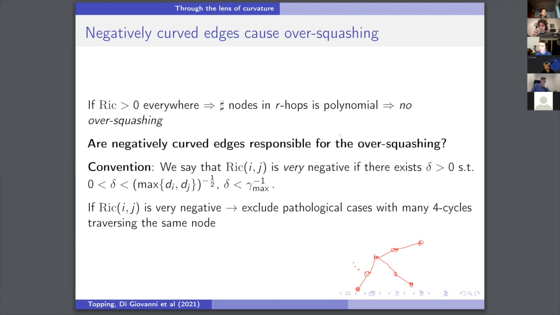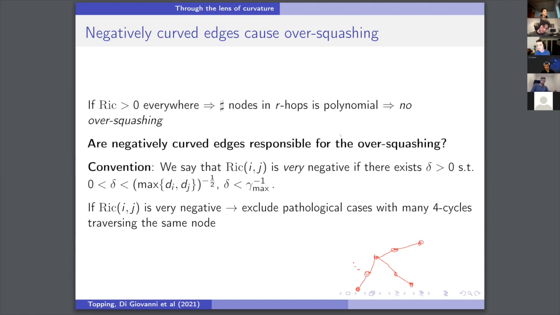So what would the curvature be here? Am I right that the curvature for these edges would be positive? It would be once you got slightly further out, but for the 3 edges around your center, they would be negatively curved. Oh, okay, then I got that wrong.